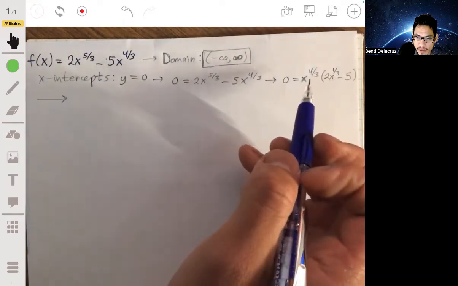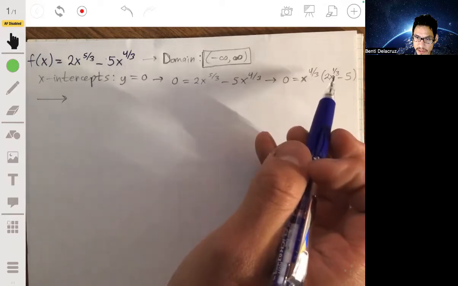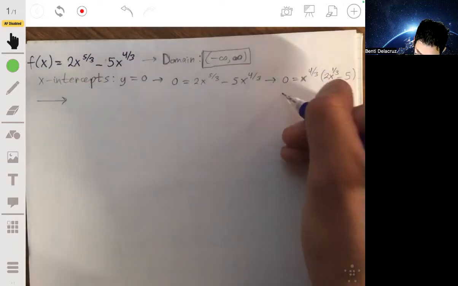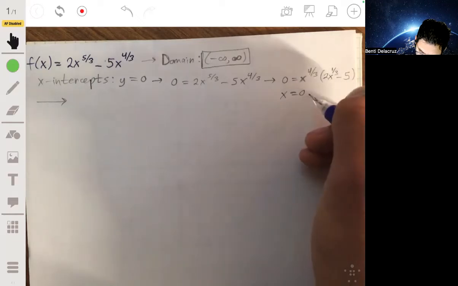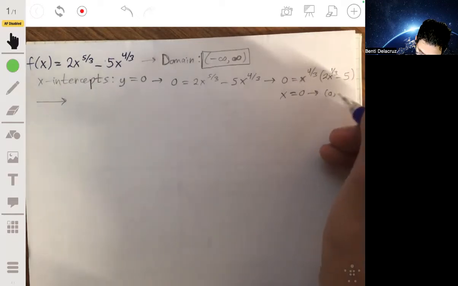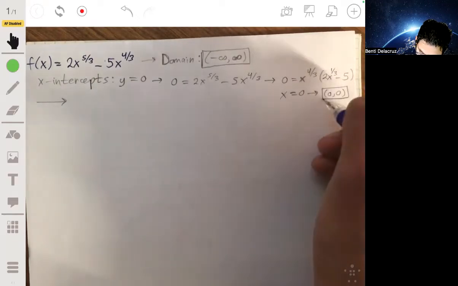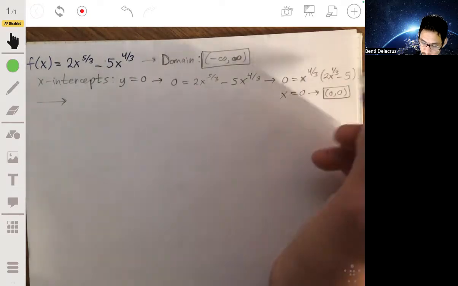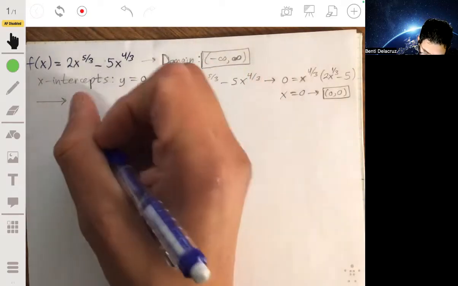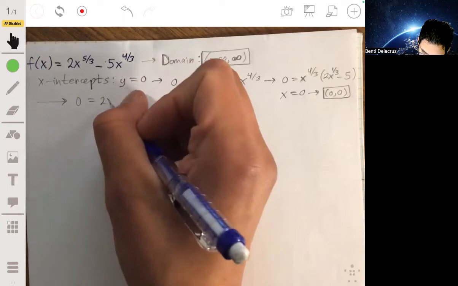So we have a 0 here: x equals 0. That's one x-intercept, at (0, 0). Then find where 2x to the 1/3 minus 5 equals 0. Set that equal to 0.